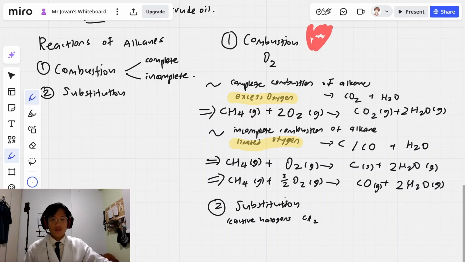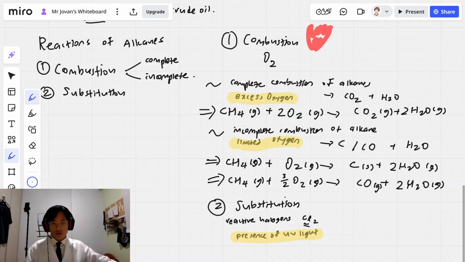Let's use Cl2 as an example. It can react with reactive halogens, and we're going to focus on Cl2. This is the main one that you need to learn for this. You will need certain conditions: it must be in the presence of UV light.